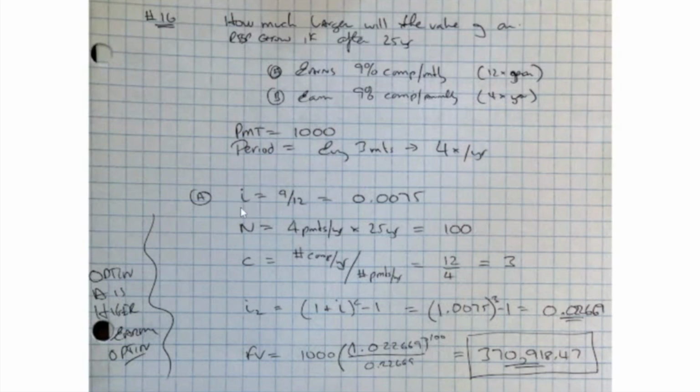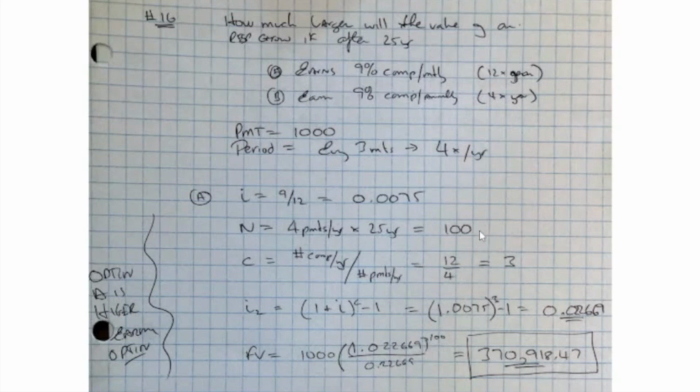Well, 9% divided by 12 gives us the periodic interest rate I, which is 0.75%, or 0.0075. The total number of payments is every 3 months, so that's 4 payments a year times 25 years, which is 100 payments.